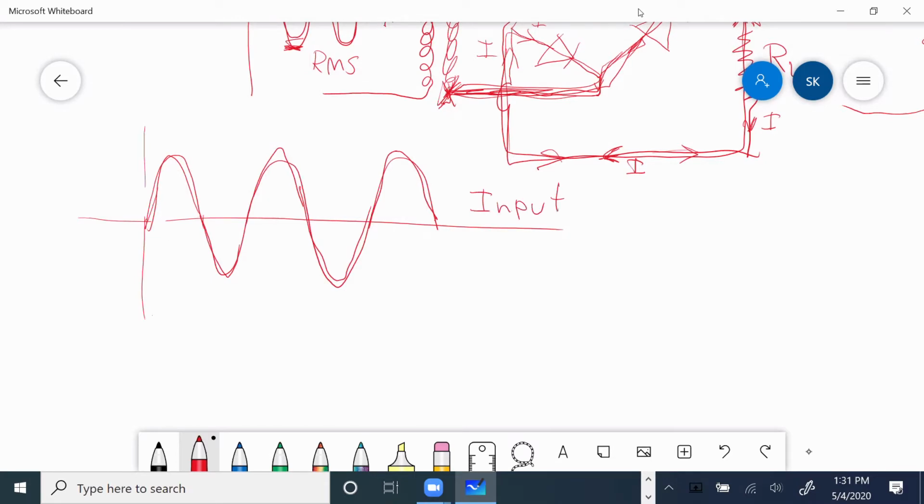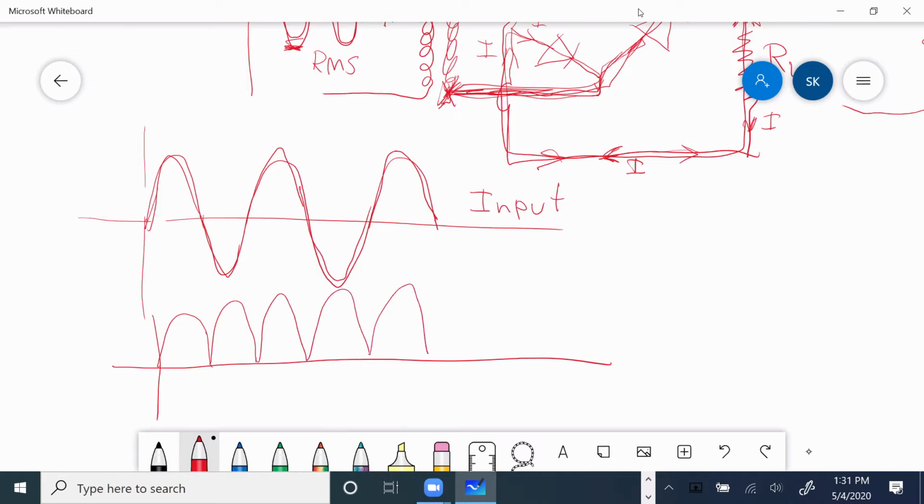If we plot the output, we will have this, and this, and this, and this. And this is called full wave. The previous one was half wave. This is full wave.